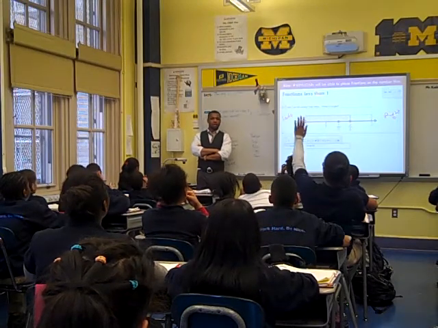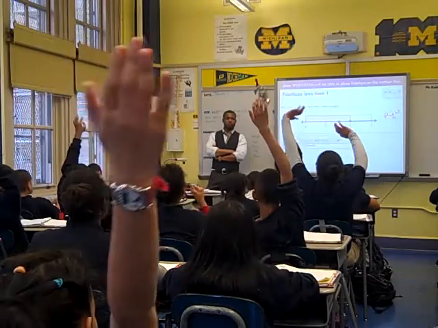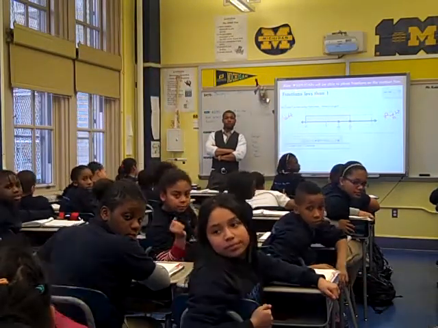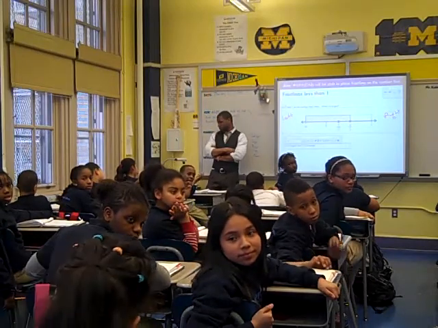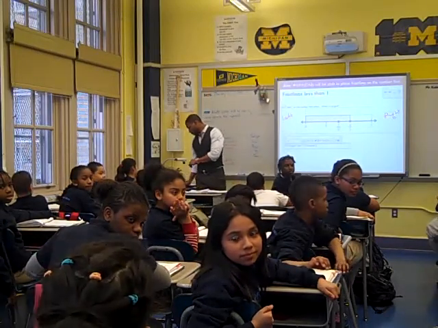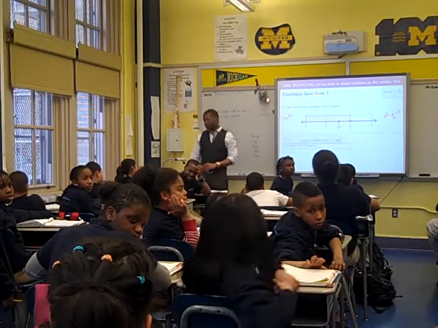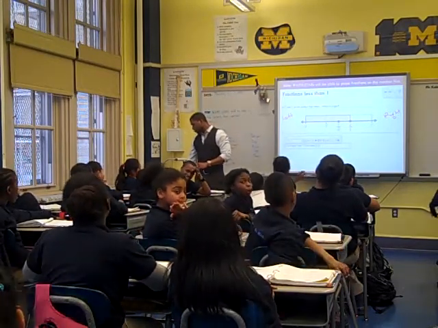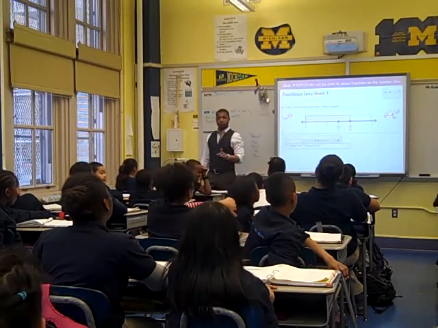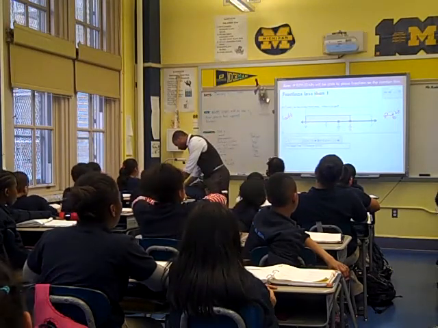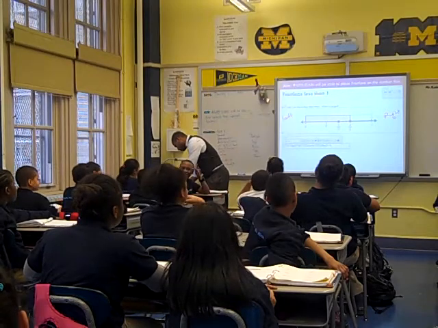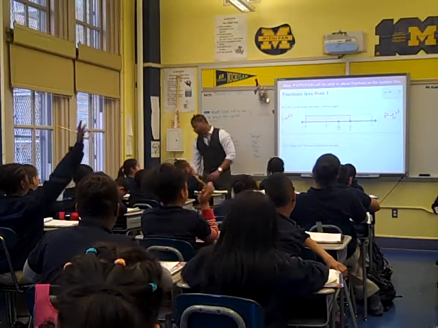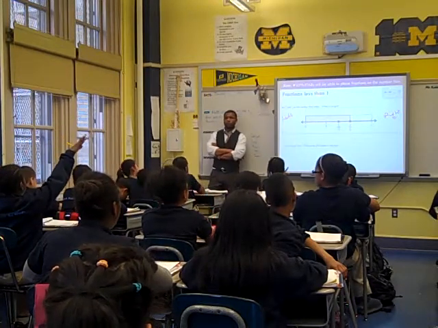Who thinks they can change this statement to make it true? Let me hear from Jasmine. 2/3 is bigger than 1/2 because 2/3 is closer to the right. I'm going to change one word: instead of closer to the right, further to the right. If you look at them on the number line, 2/3 is further to the right.